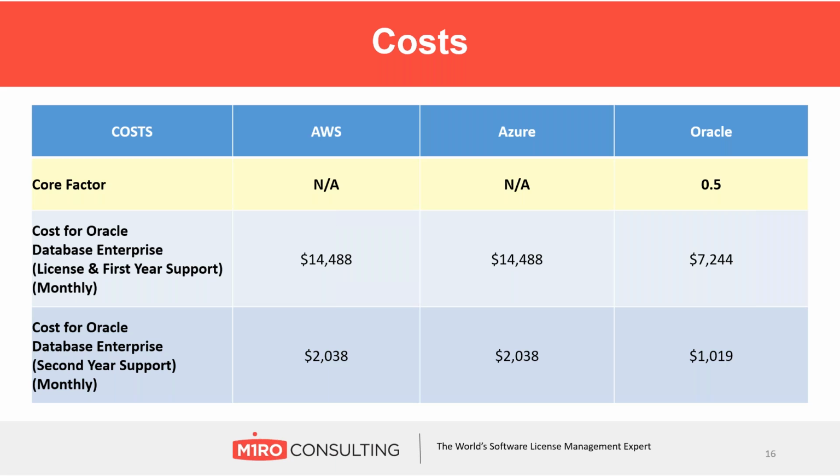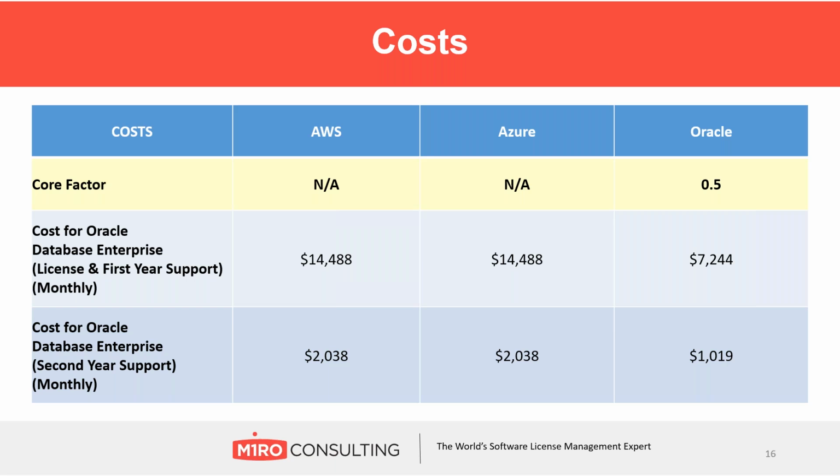This is because Oracle, in its policy in effect on January 23rd, 2018, states, and I'm quoting here, when counting the Oracle processor requirements in authorized cloud environments, which is AWS and Azure, the Oracle processor core factor table is not applicable, hence the NA.